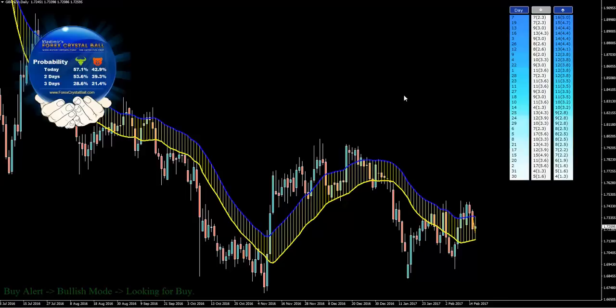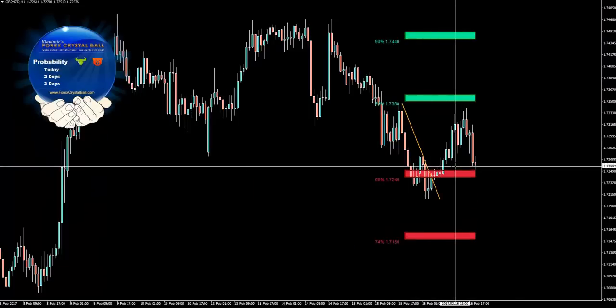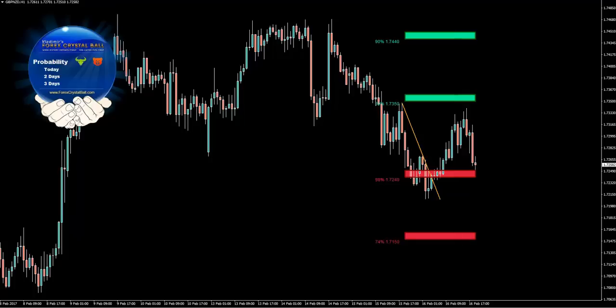Statistical indicators to call the best days for buys and for sells. You get my predictor, which gives you the chances to get a bullish or bearish day, or 2 or 3 days in a row, by its chances. You get my trading tunnel. You get my support resistance indicator that helps you to spot the best of the entries with the best of the risk reward, and you get a full detailed manual with the system explained from A to Z, everything covered.